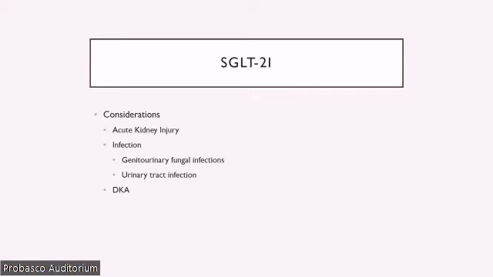And so I think pharmacy has played a huge role in recognizing this adverse effect called euglycemic DKA and alerting providers, like, hey, this is something that we need to be aware of in these patients that have come in on these medications, because it can be overlooked, I think, pretty easily without the severe hyperglycemia normally associated with DKA.